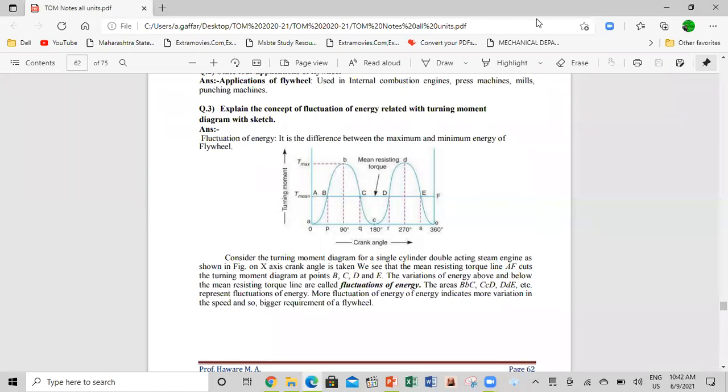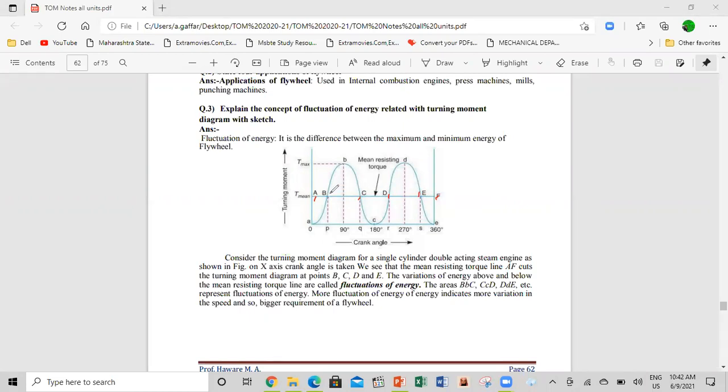Okay. From point A to point F, this is the mean torque line, and this mean torque line cuts at the points B, C, D and E. Because of cutting at these 4 points, 3 loops are generated.